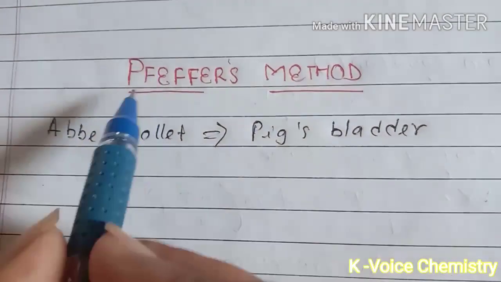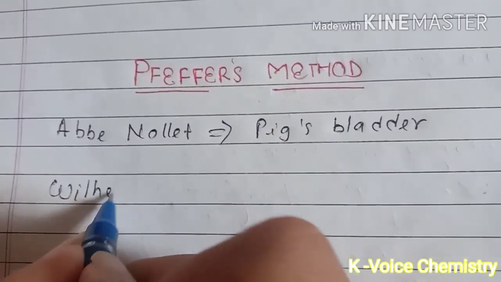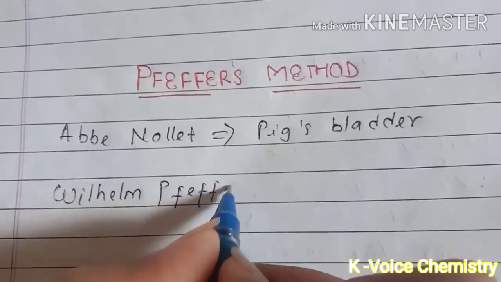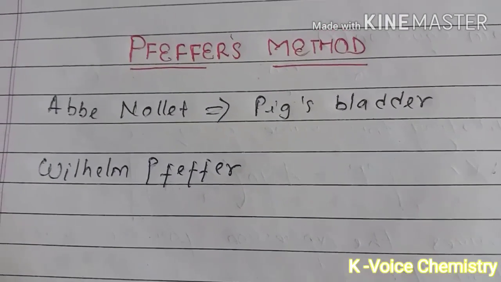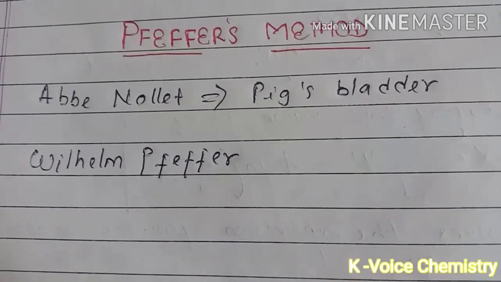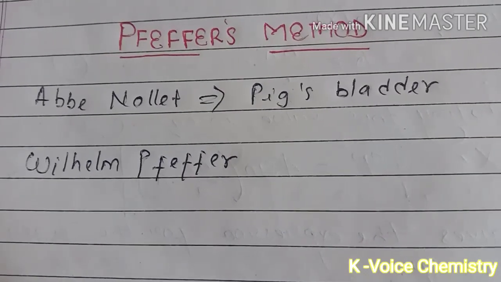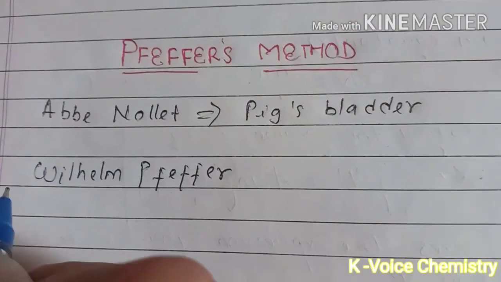The full name of Pfeffer was Wilhelm Pfeffer. He measured the minimum pressure needed to prevent the pure solvent from mixing into a solution across a semi-permeable membrane.